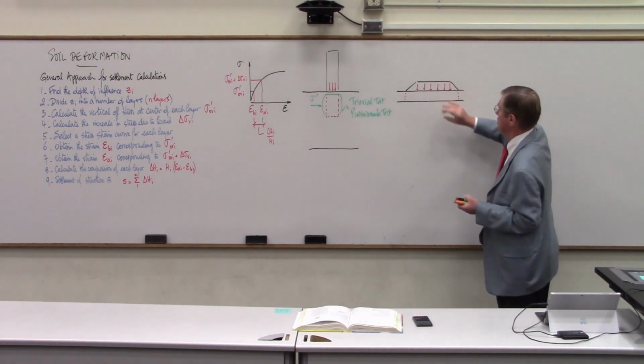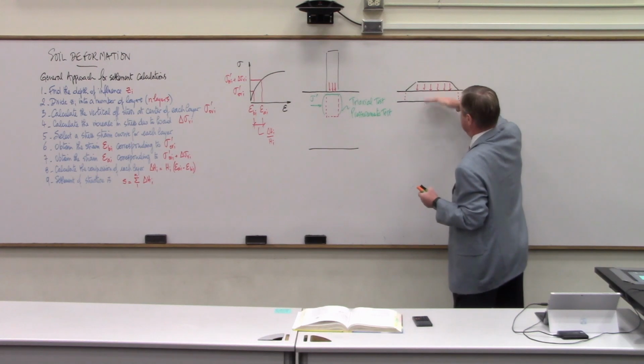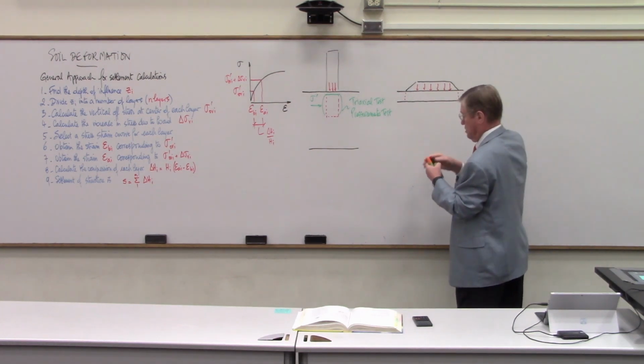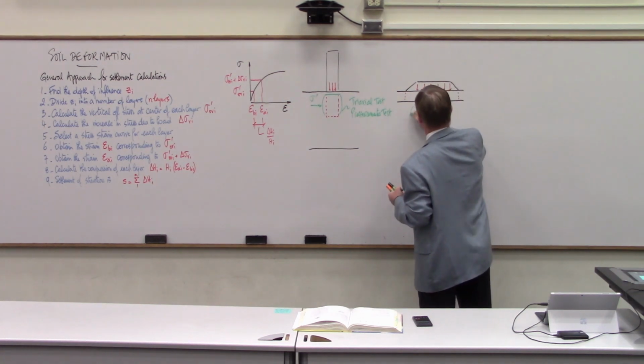It's a fairly thin layer. There's not much lateral squeezing because of the friction that exists top and bottom. So it would make sense in this case to use the consolidation test.